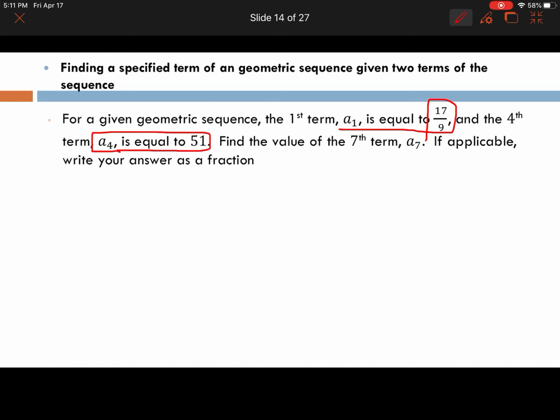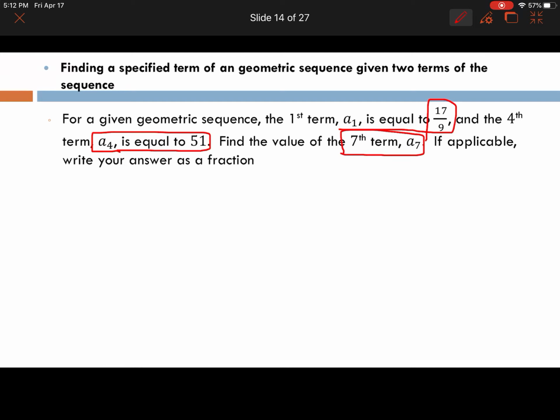Okay. All right. So let's look at our equation. Remember our equation. So here's what I know. What I don't know is r, right? So I'm going to have to try to find r. But I do know the fourth term, and I know the first term.